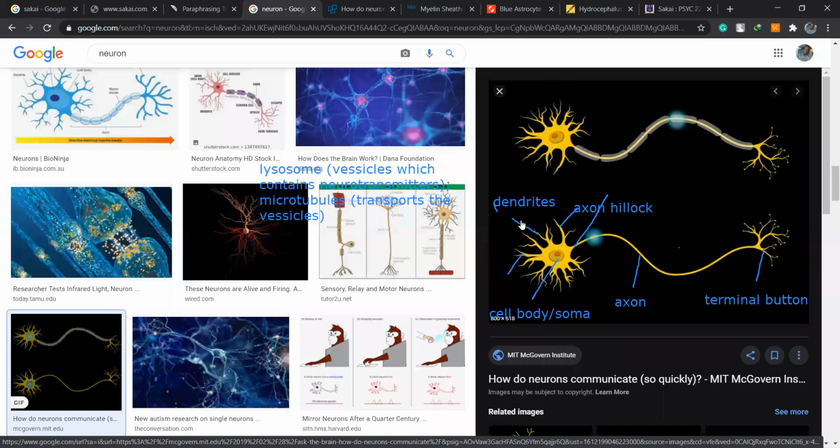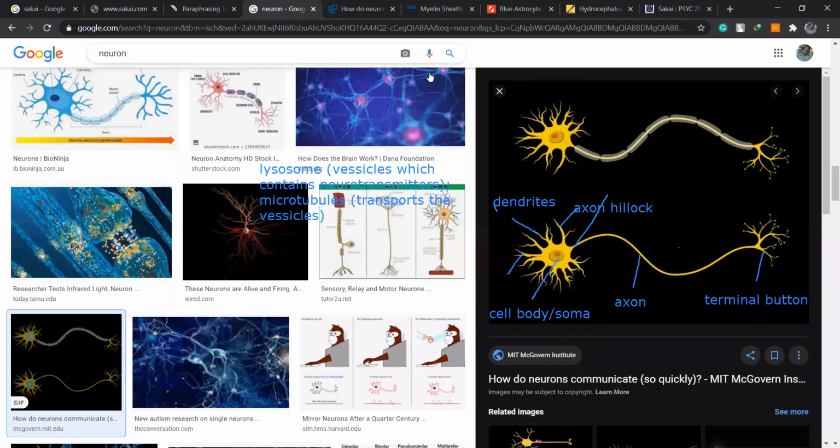Then afterwards, the dendrite will forward it to the cell body for the cell body to integrate the information. After the information has been integrated, it will first move to the Axon Hillock, which is part of the axon. So this long thing that you see, let me annotate it.